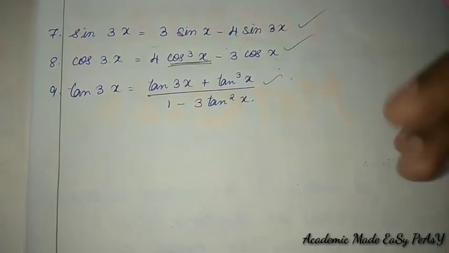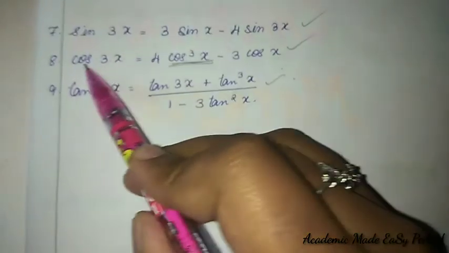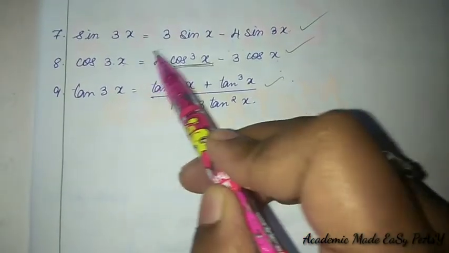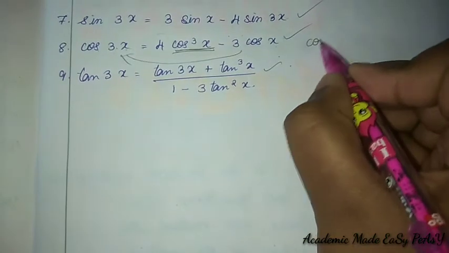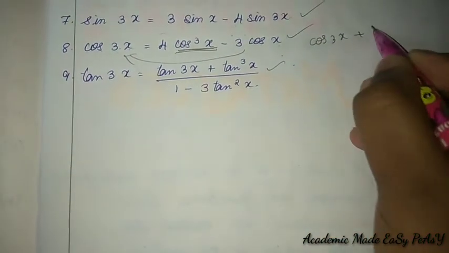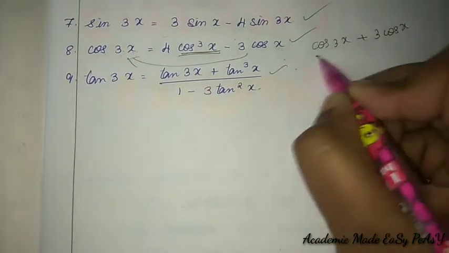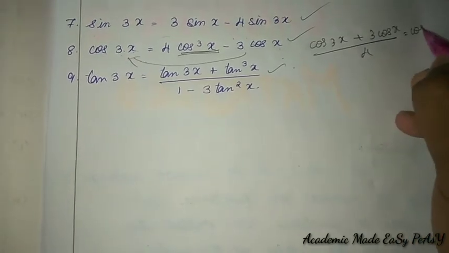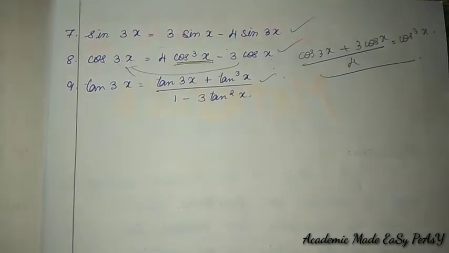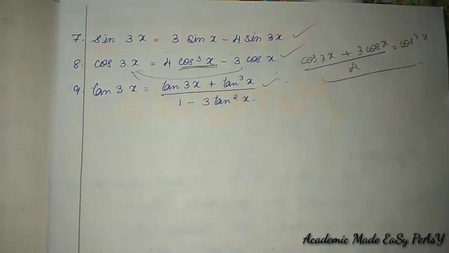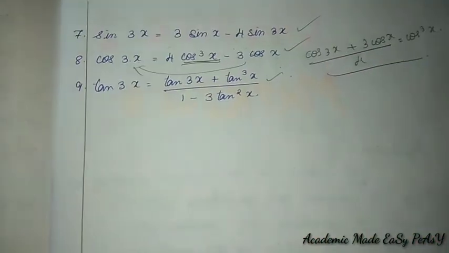Do we have any formulas? No. So then we will be substituting cos 3x plus 3 cos x, just taking it this side. So we will have cos 3x plus 3 cos x divided by 4 is equal to cos cube x. So however the question is asked, you have to be in the position to answer it. So be very clear with this.